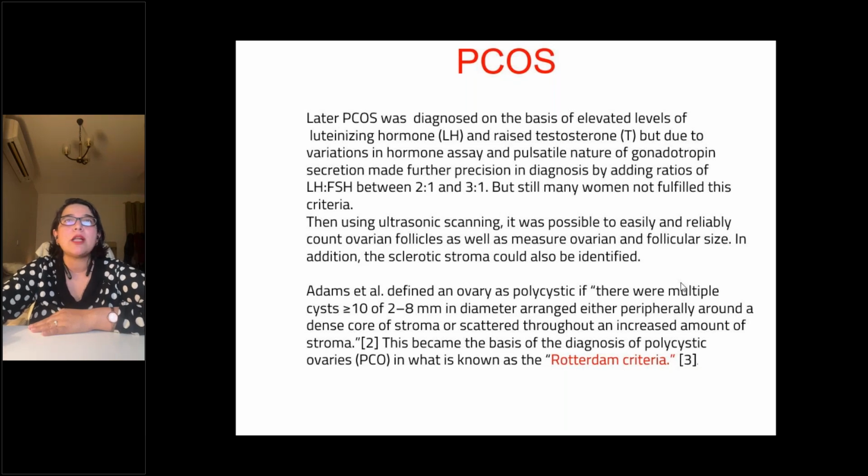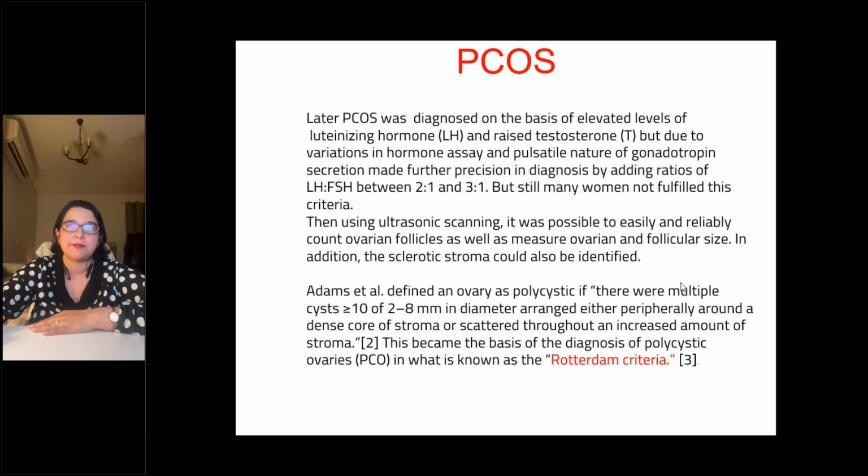Then we used ultrasonic scanning, when it became possible to easily and reliably count the ovarian follicles as well as measure ovarian and follicular size. In addition, we checked on the scan for the sclerotic stroma.